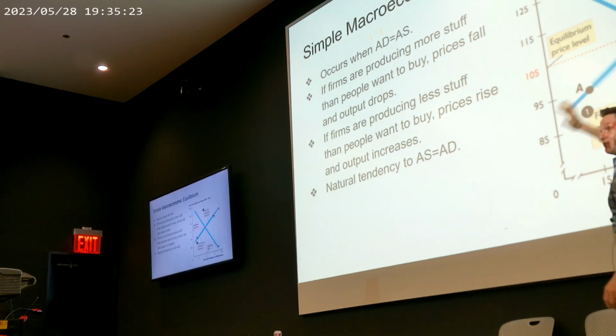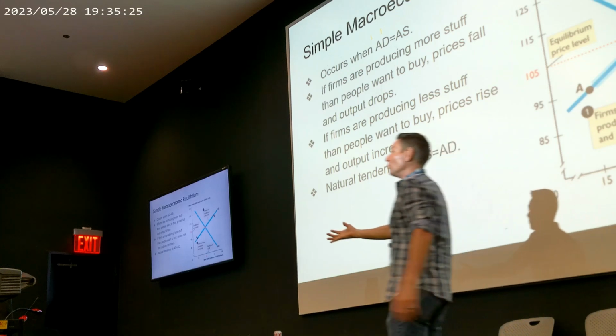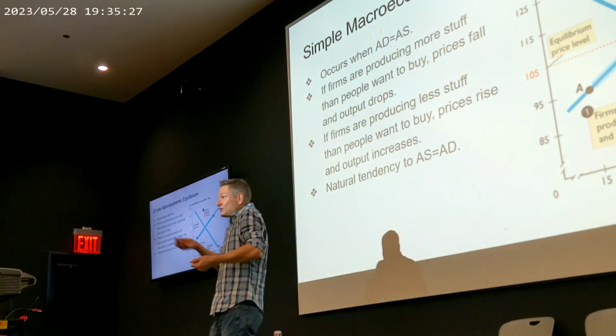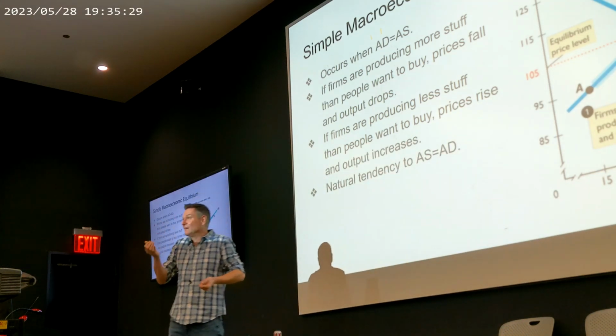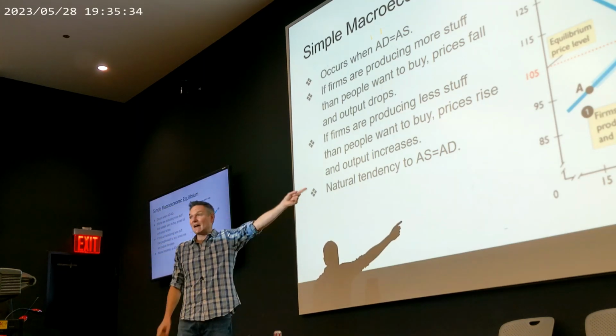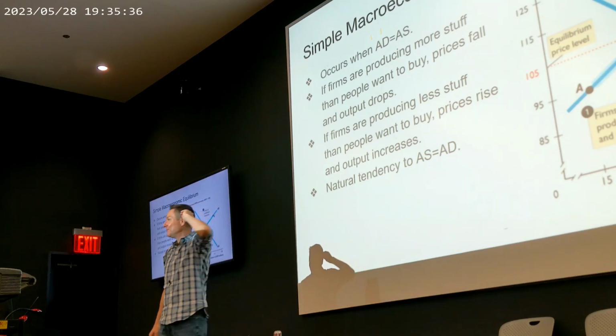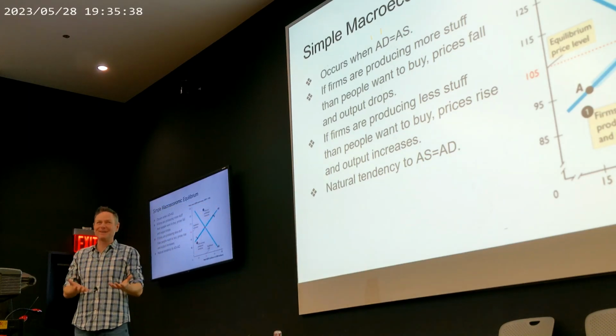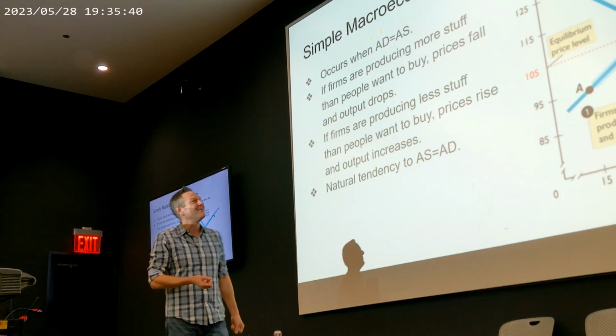And firms aren't producing all that consumers in general want. So what should happen is, well, prices should start to go up. People buy a little bit less and firms produce a little bit more in general until we close the gap and get to the red dot there, right? So that's kind of the macroeconomic story, right?